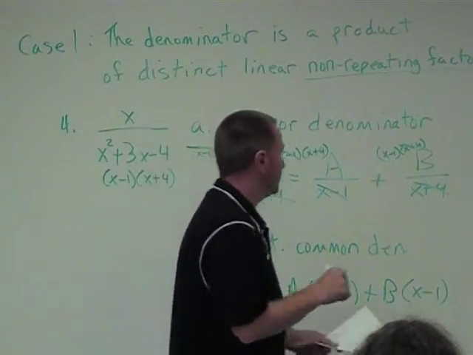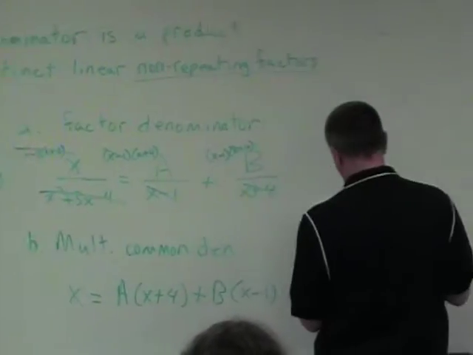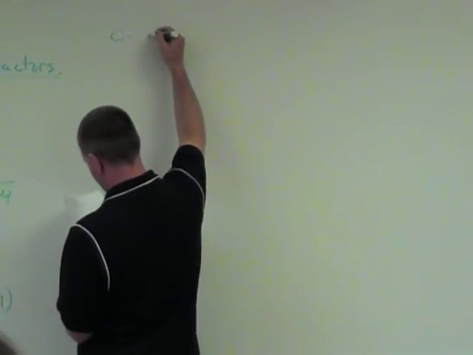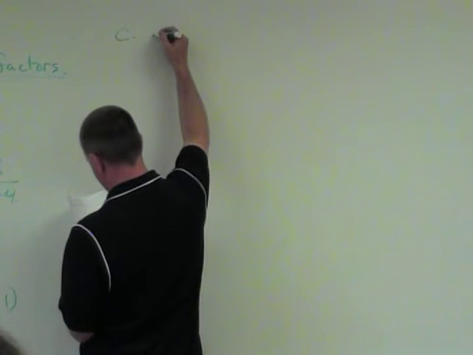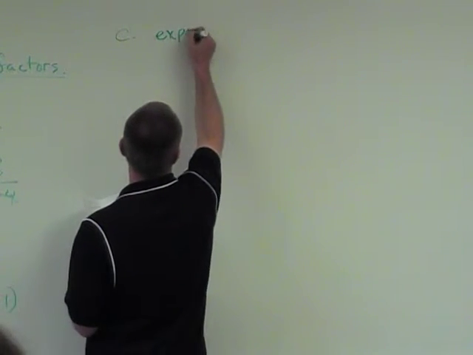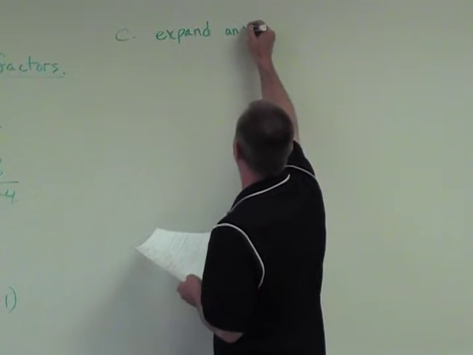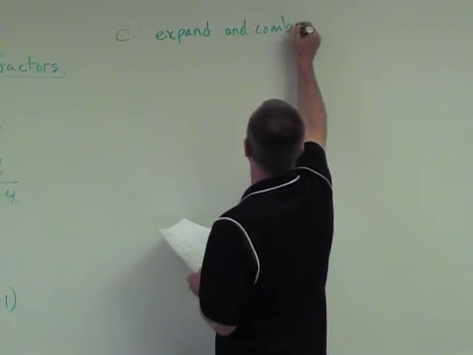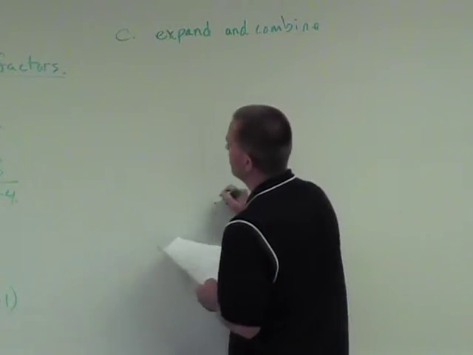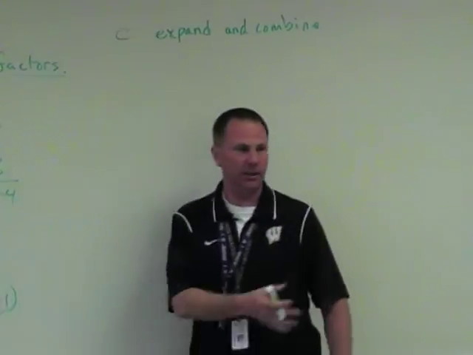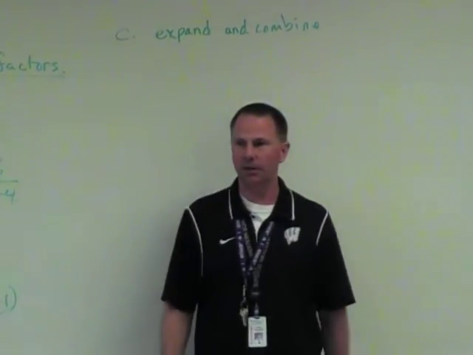All right, so that was B. C. What do we do at that point? Let's expand or distribute. Expand and combine like terms. So that just means you're going to distribute your A, your B, your C, your D, whatever you have set up here, okay?